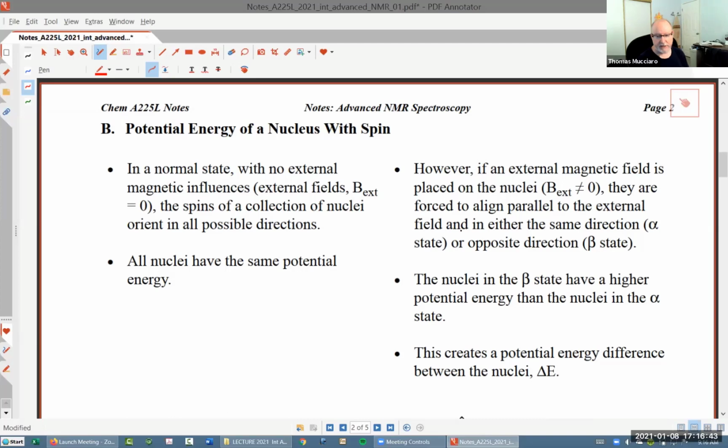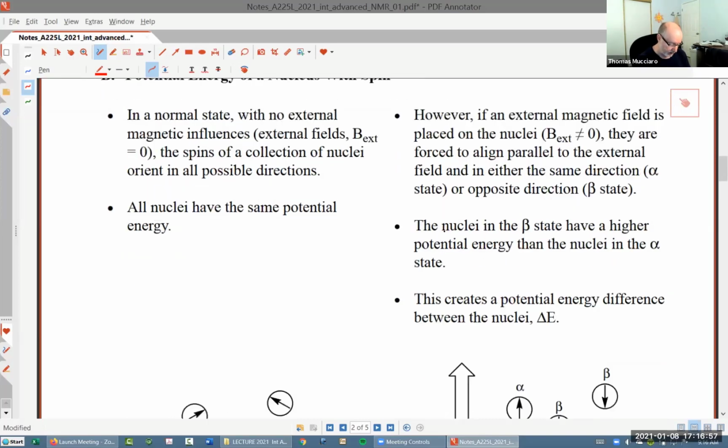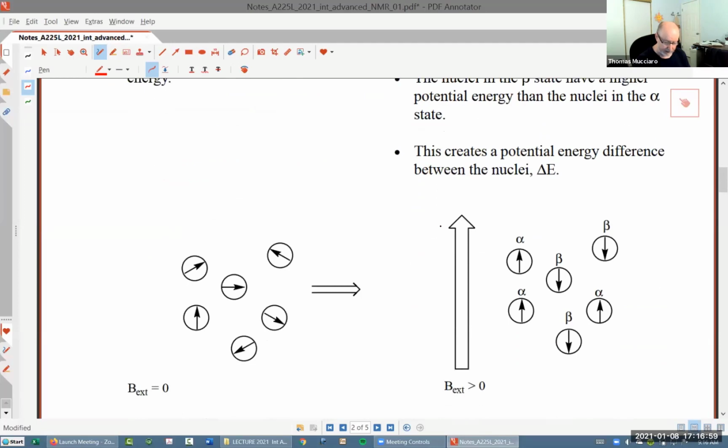So what we see is that under most normal circumstances, the magnetic field in the nucleus affects nothing. Because all of the nuclei can have their magnetic fields pointing in all different directions.